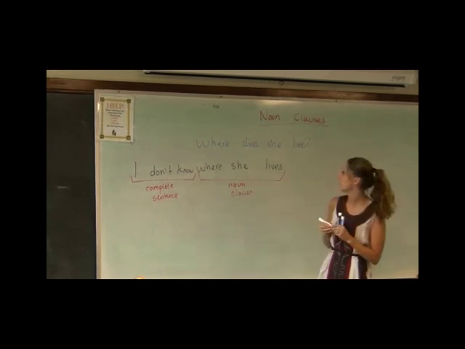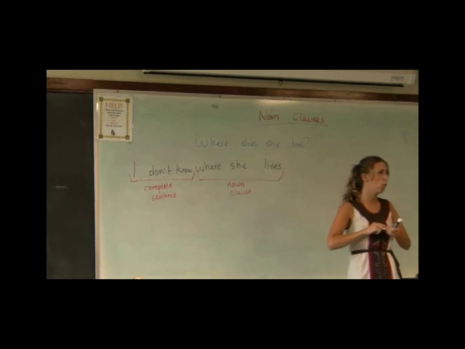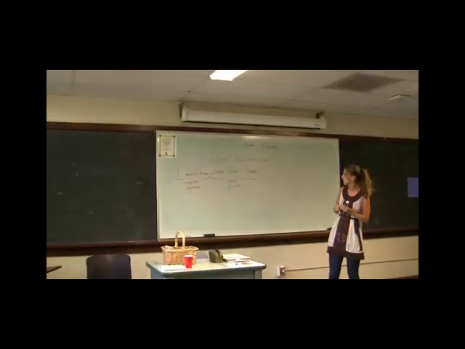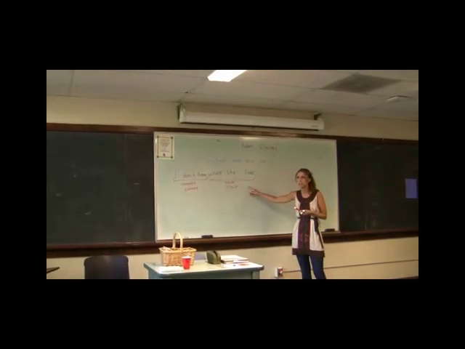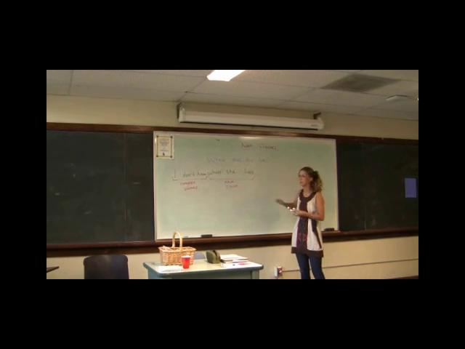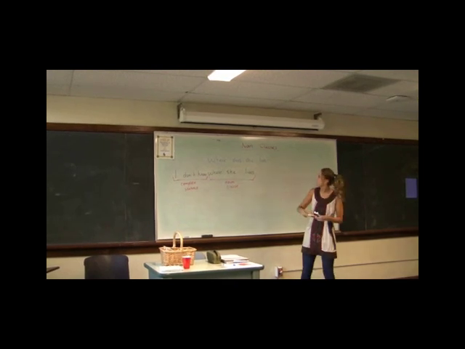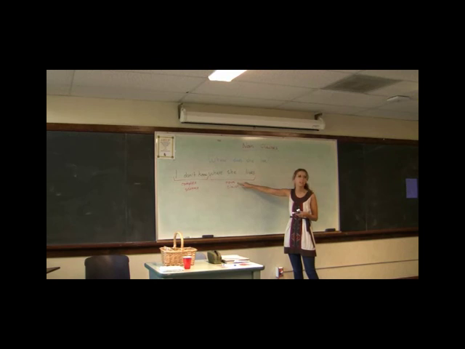Okay? Because why is it a noun? Does anyone know why where she lives is a noun? A noun is something like your hand, the board, a marker, right? And then we have where she lives. Why is this considered a noun clause?